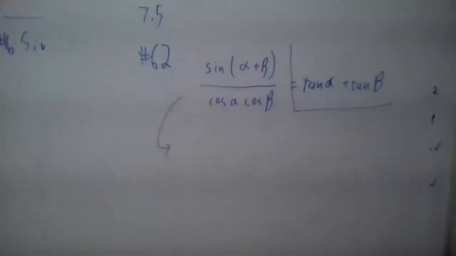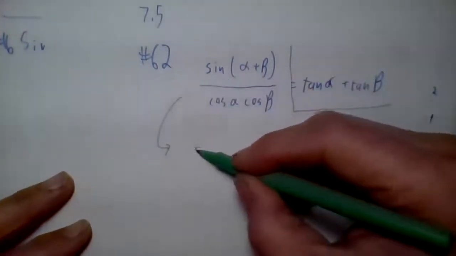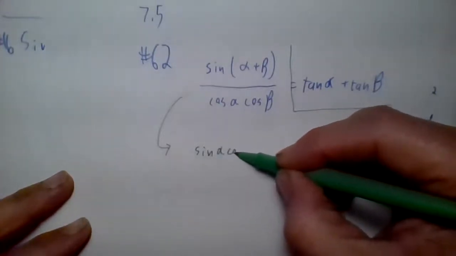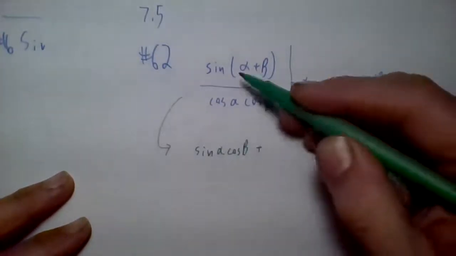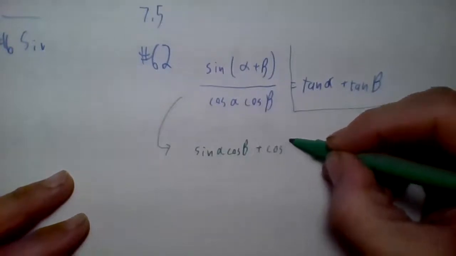But the angle sum property for sine is going to be a plus with the functions kind of mixed around. So it's sine alpha cosine beta plus cosine alpha sine beta.